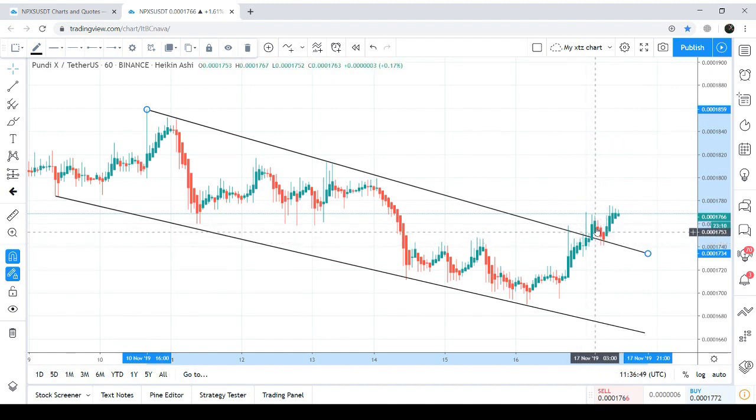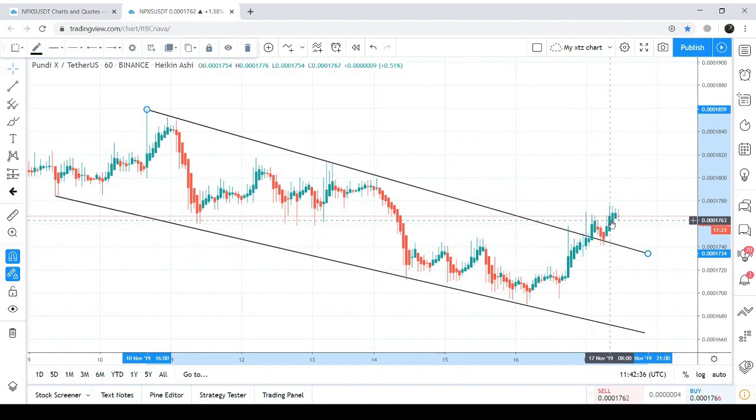During this correction, the price action retested the resistance of the channel as a support, but couldn't break down this support. After that, the price action bounced back, so it is moving up. It is a first indication that we have a successful breakout.